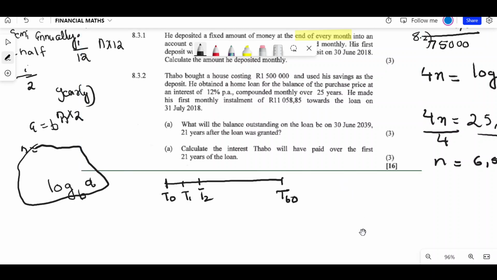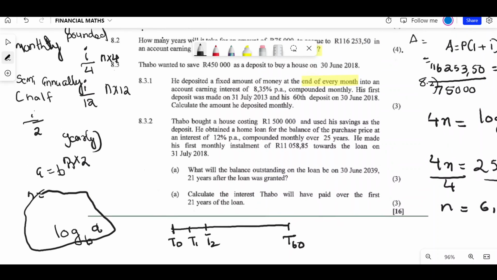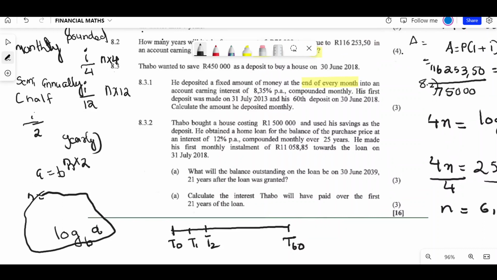Compounded monthly means every month is the payment. Now let's see whether the payment is starting at T0 or T60. He wanted to buy the house on 30 June 2018, and the first deposit was made on 31st July 2013.